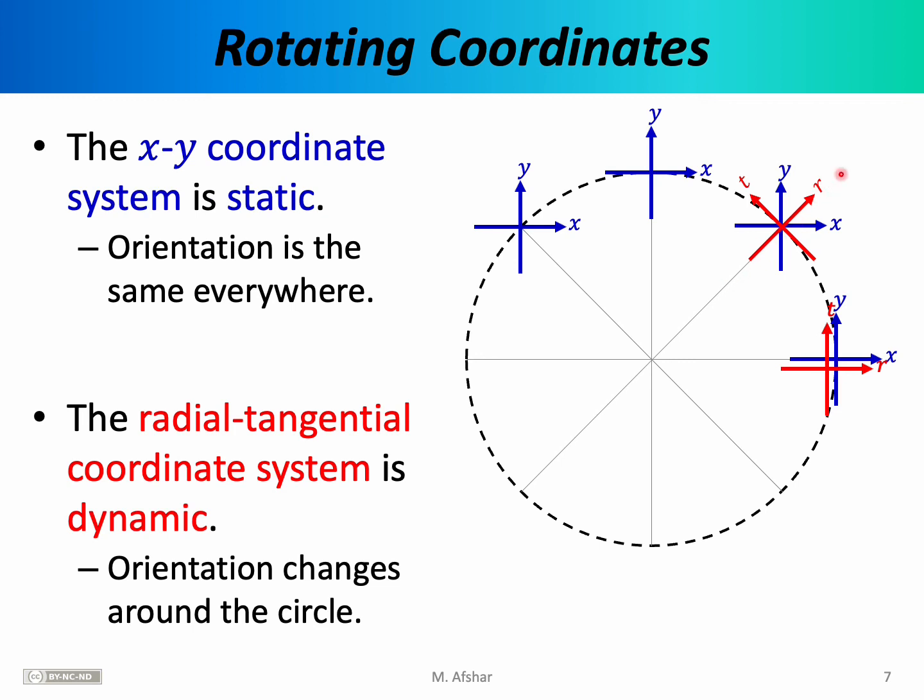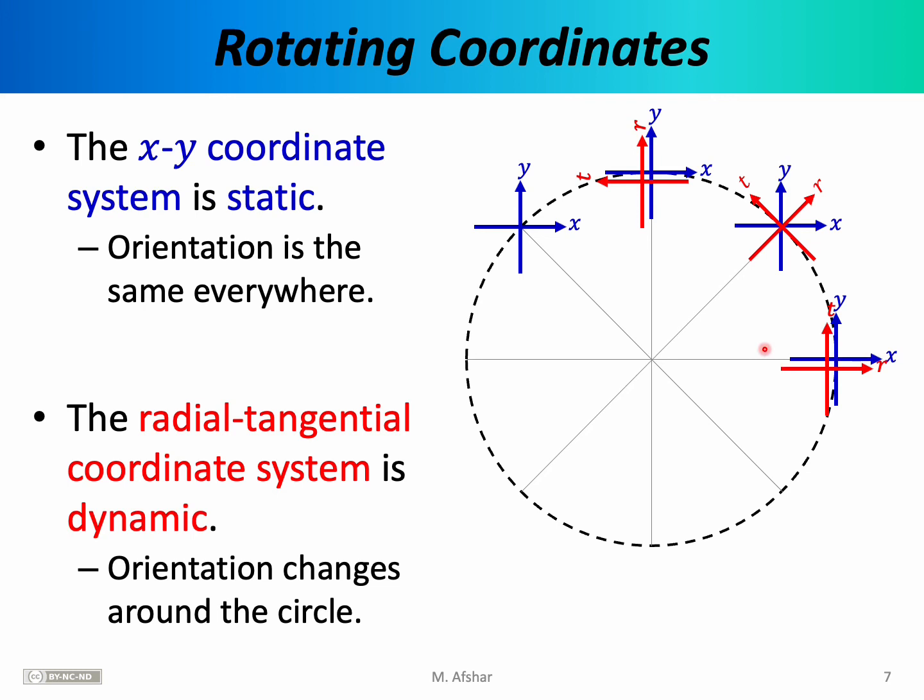Notice the r-axis, the radial direction, points along the radius of the circle, and the t-axis, the tangential direction, points tangentially to the circle. A second later, when the object is located over here, the radial-tangential coordinate system once again looks like a standard XY coordinate system, but notice how this time the r vector is aligned with the y-axis, whereas initially the r vector was aligned with the x-axis.